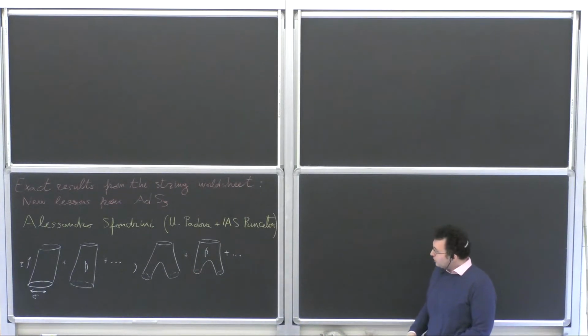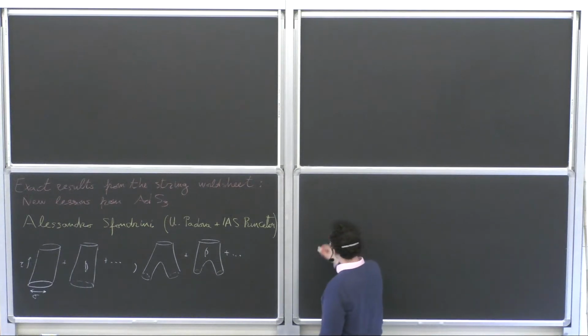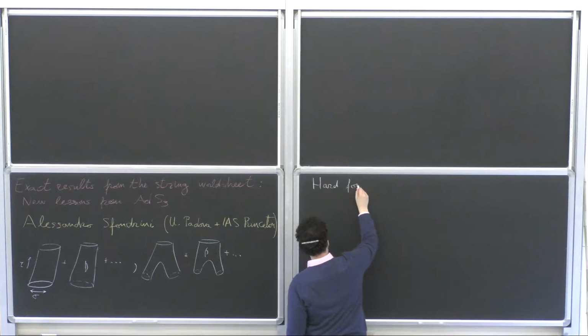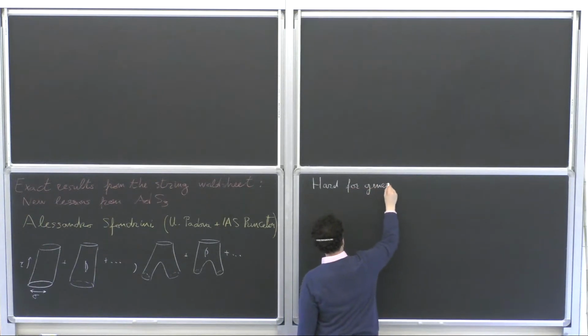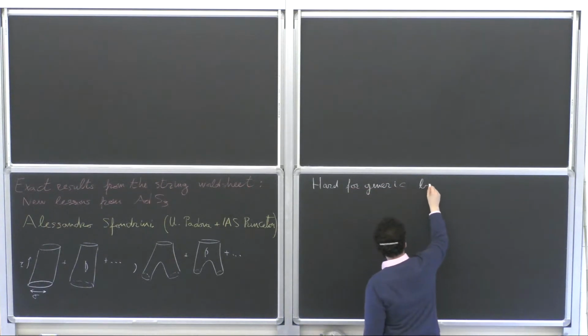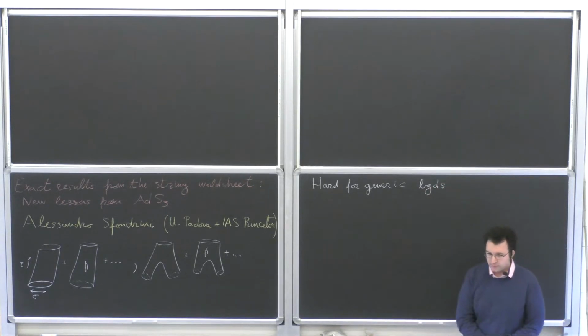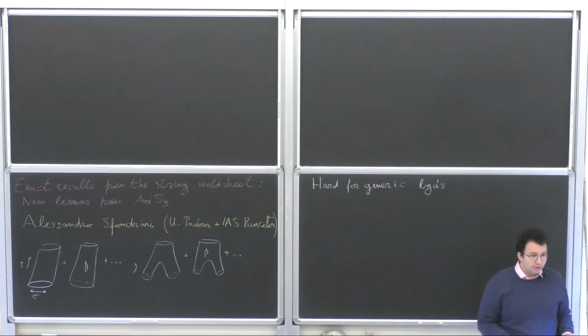So, except for very simple backgrounds, this is extremely hard. Backgrounds in which the string propagates. And because it is hard, there are many important questions that we cannot answer.